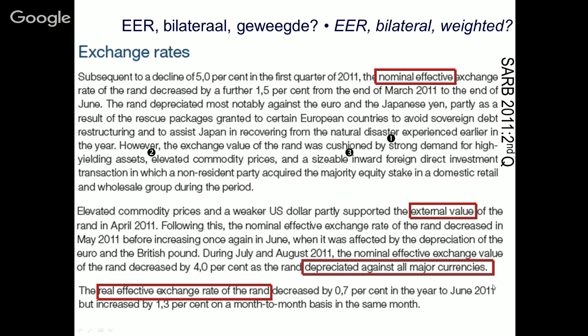Can you see the link? Major currencies, those would be bilateral exchange rates. And in that basket of currencies, which is the effective exchange rate, if the rand appreciates against the dollar, the euro, the yen, all of those 20 currencies, what will happen to the average? The average will also appreciate. And this nominal effective exchange rate is the weighted average of all the currencies with our trading partners.